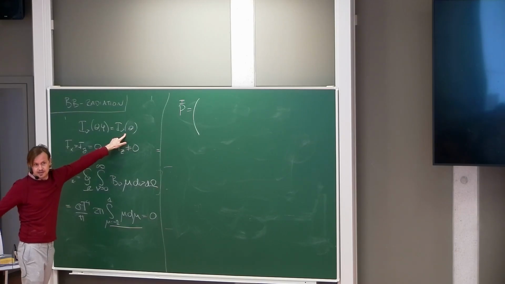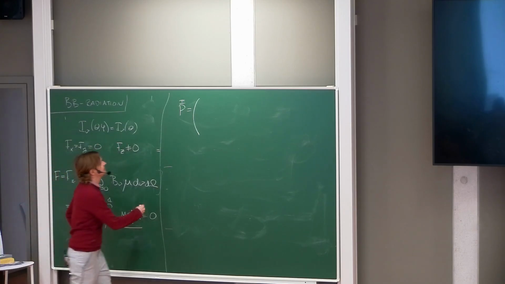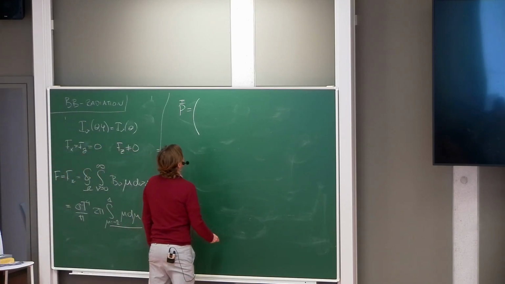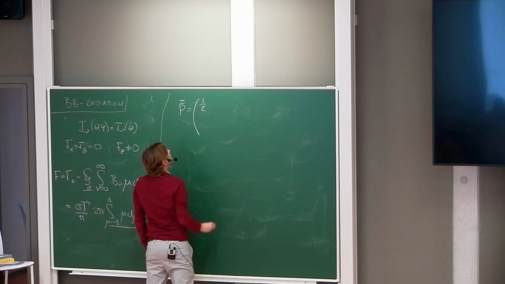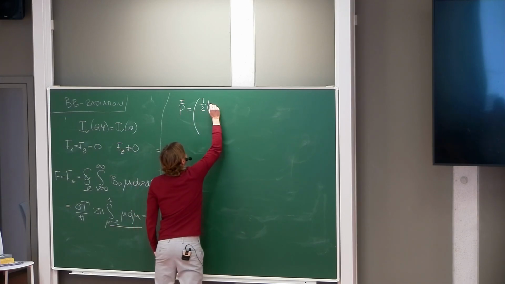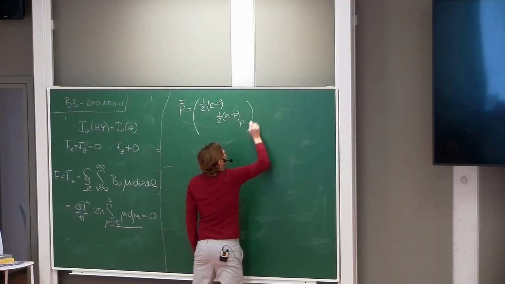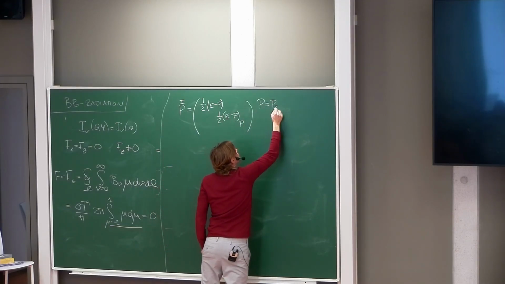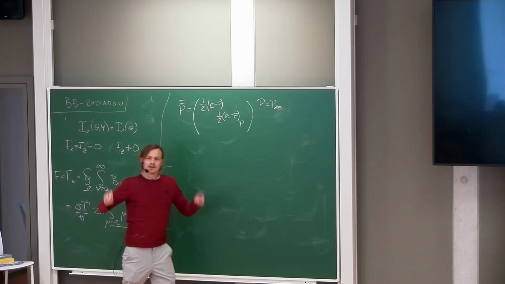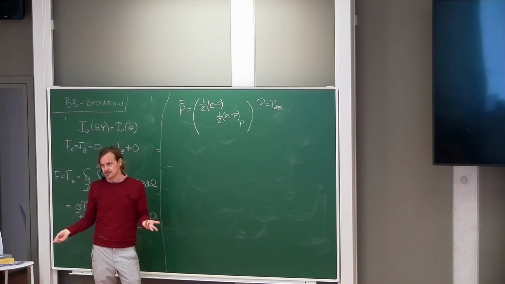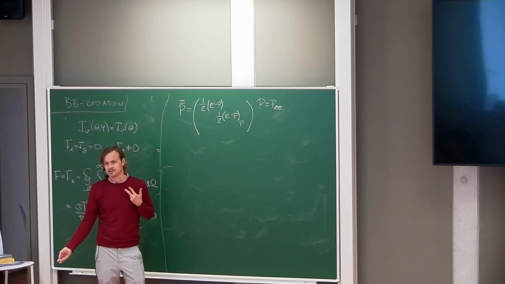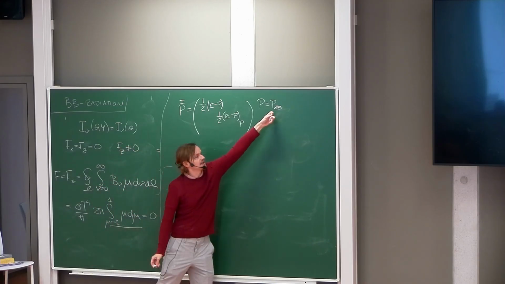Then we already showed that it had the following form: 1/2 (E minus P), 1/2 (E minus P), P, where P now equals P_zz, the radiation pressure, analogous to the flux. Okay, so let's evaluate.